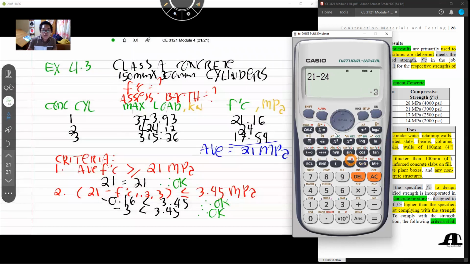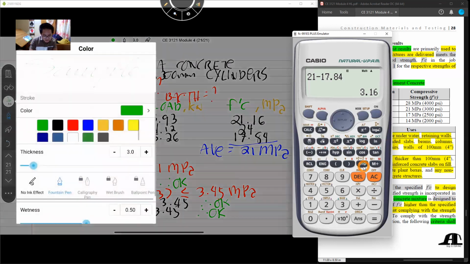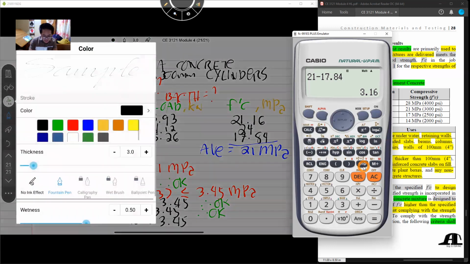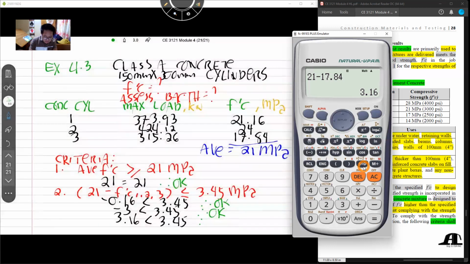Tapos class, siyempre yung last, 17.84. Pasok pa rin. Okay. So titignan nyo class, meron tayong 3.16 which is still less than 3.45. So again class, ang verdict natin is okay.